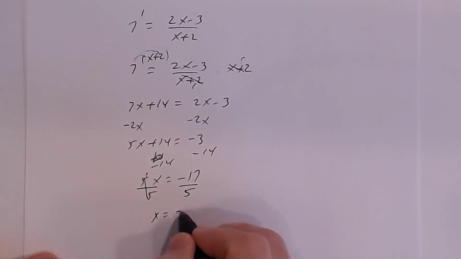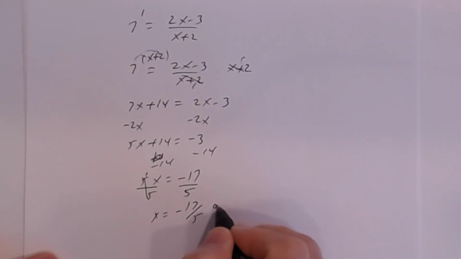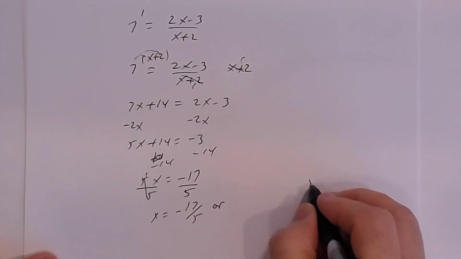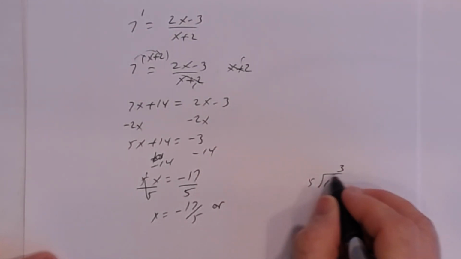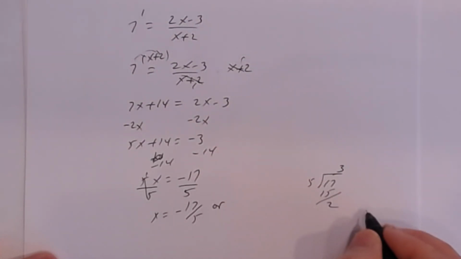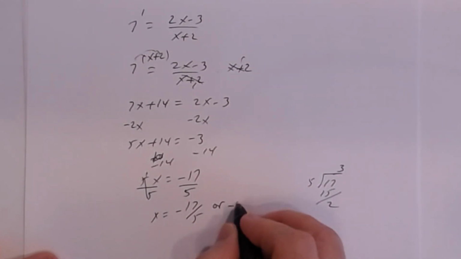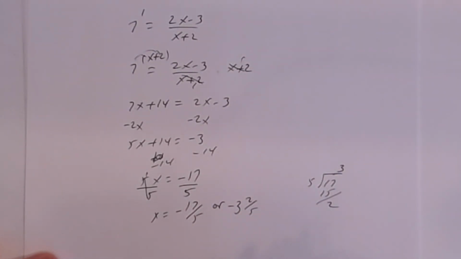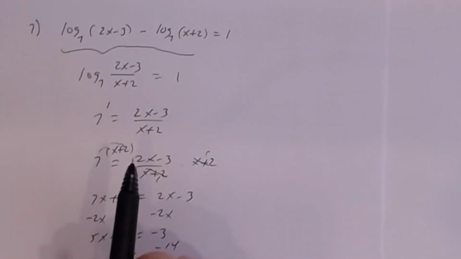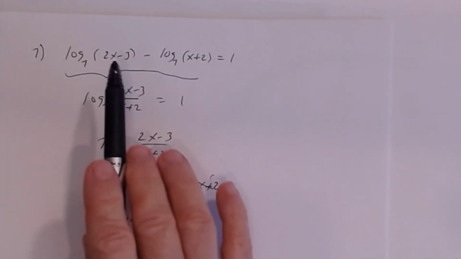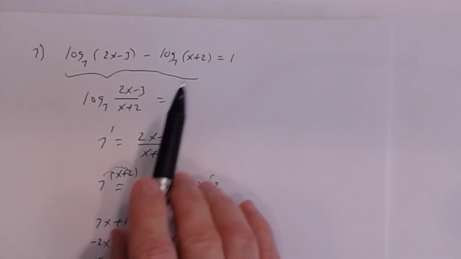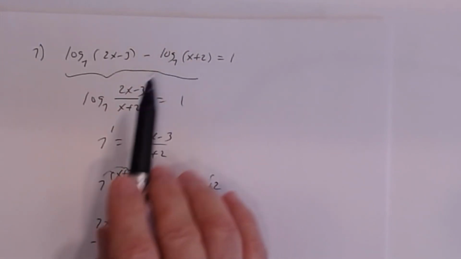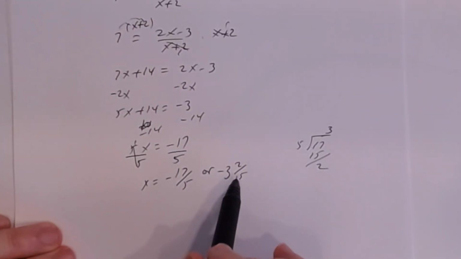I get x to be negative 17 fifths, or as a mixed number, 5 into 17 is 3, 3 times 5 is 15, remainder 2. I get negative 3 and 2 fifths. Okay, but you got to check, because you're trying to solve a log equation. Remember, you can only take the log of a positive number, so these arguments must be positive. So let's check negative 3 and 2 fifths.